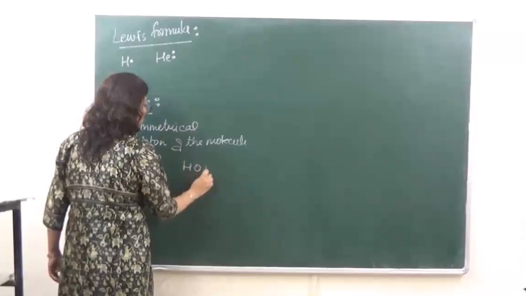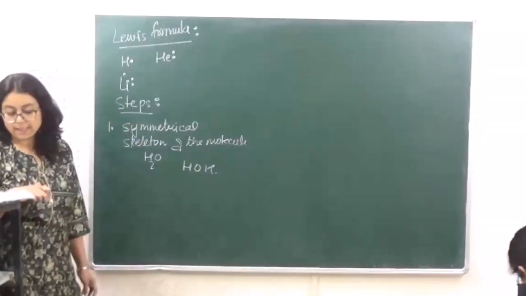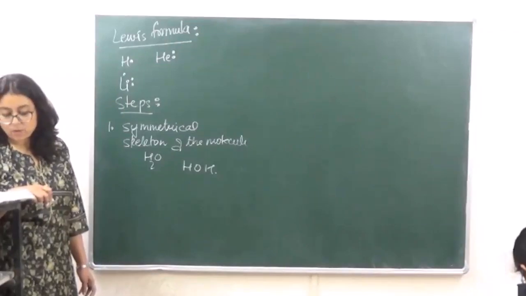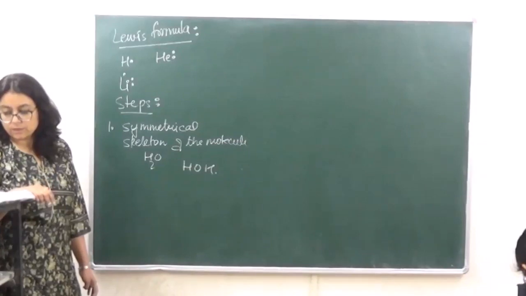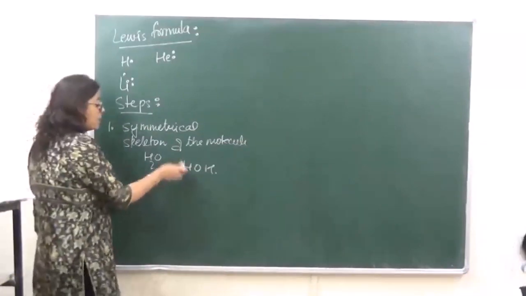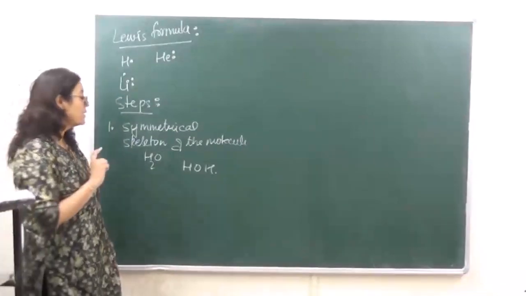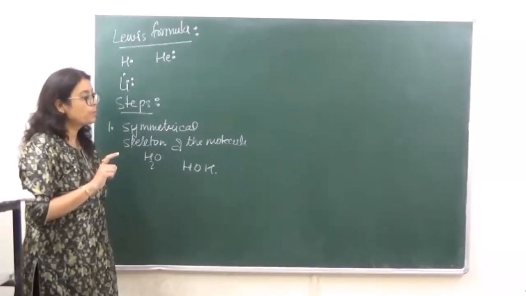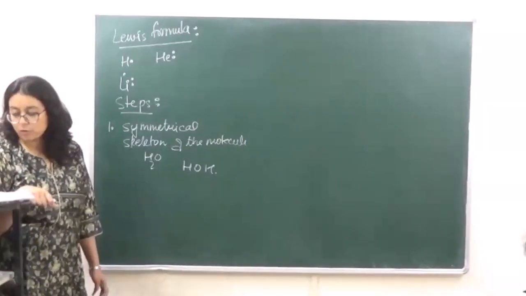The skeleton of water is going to be HOH. So this is the first step. In the second step, what do we have to do? We have to calculate how many electrons are present as shared pairs and how many are going to be present as lone pairs, right? For that we have to go through different processes.